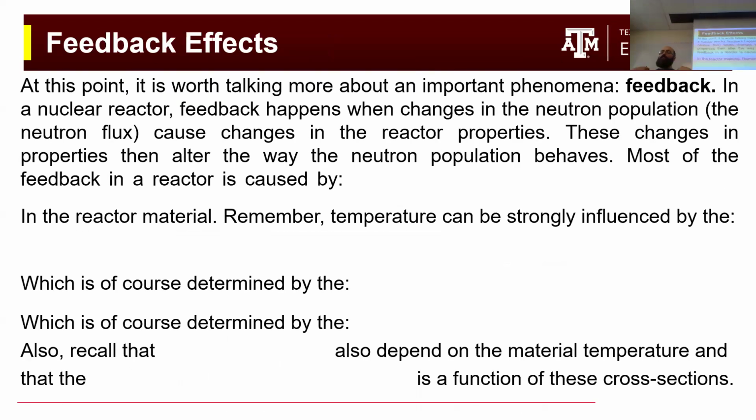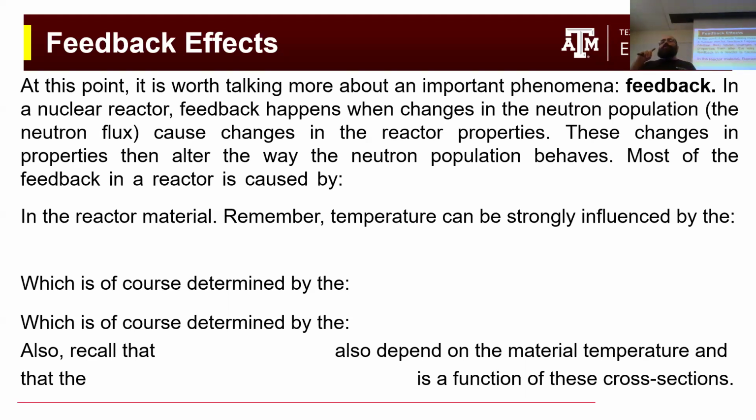So the next thing to talk about is feedback. When we're talking about these transients, these are all situations where we have some change to our system, and then we're seeing how that change affects other aspects of our system. Like if we insert reactivity, how does that affect the neutron population? How does that affect the power? And generally, when you change one thing in the reactor, you end up changing other things.